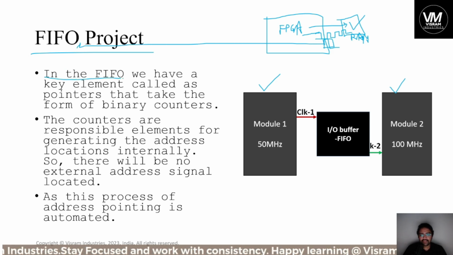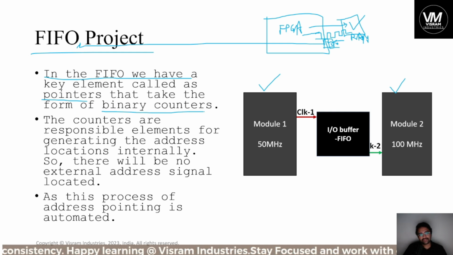In the FIFO, we have a key element called pointers. Based on the pointers, from which pointer we should collect the data is selected, and that takes the form of binary counters. I'll explain this in a bit, but understand FIFO has pointers inside it to point out the data that should come out first, and the data that comes in first is to be pointed again: this data has come at this point of time.